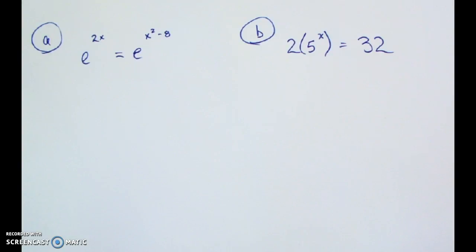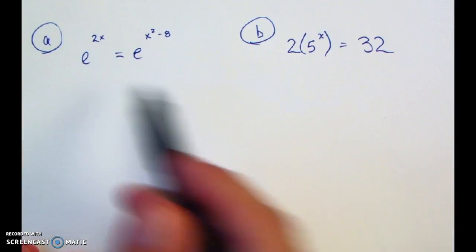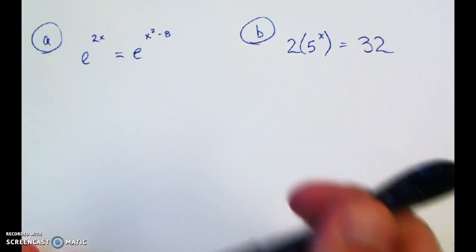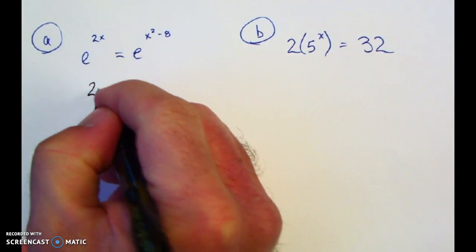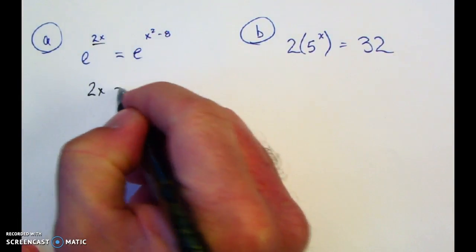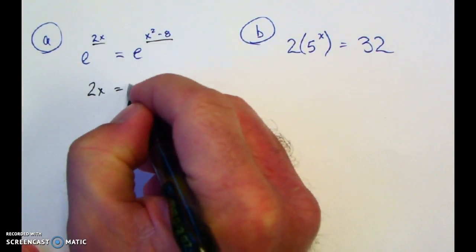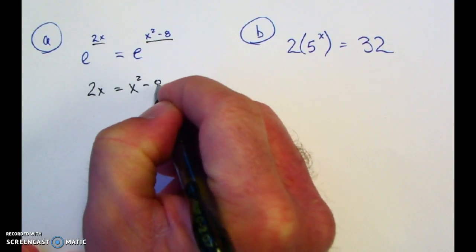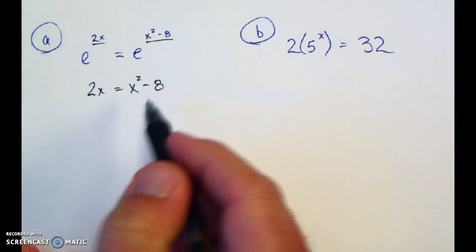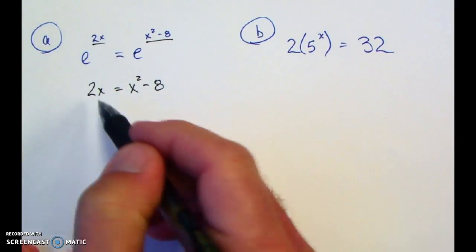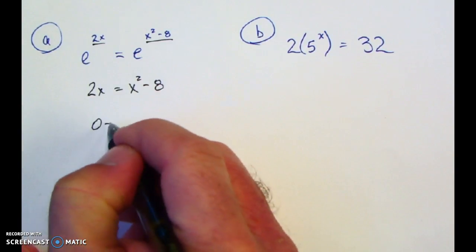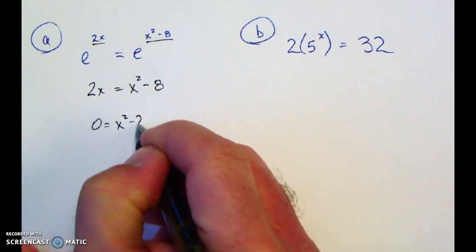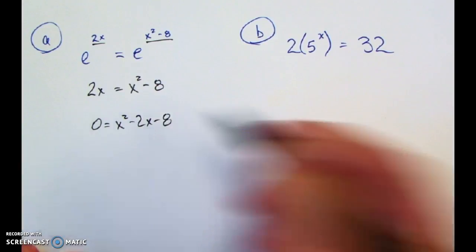So then that one is now condensed from its longer version, again using those same properties. Two more examples. Here we can, again, same base, just look at the exponents here. So then we were saying that the exponent here, 2x, would be equal to our exponent on this side, x squared minus 8. Again, anytime we have a quadratic, we want to set it equal to 0. I'm going to subtract that 2x over to this side. So now we have x squared minus 2x minus 8.